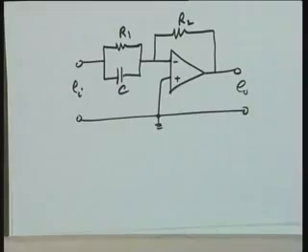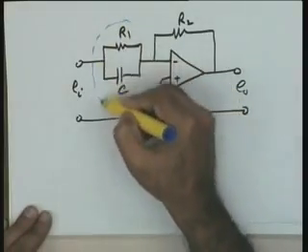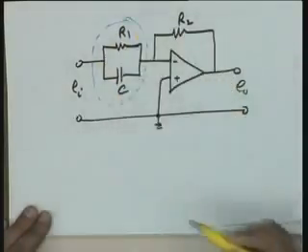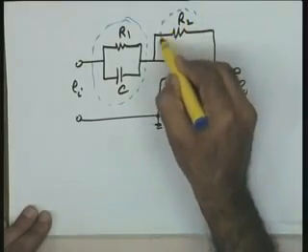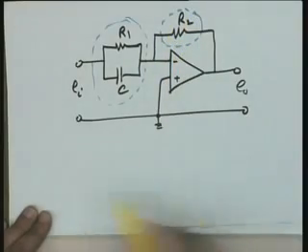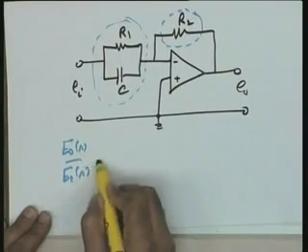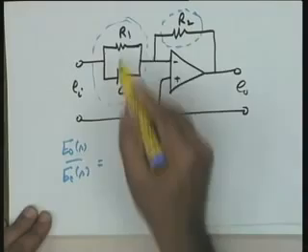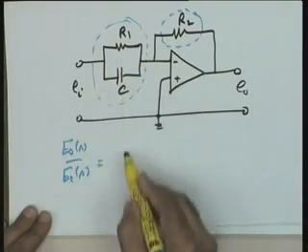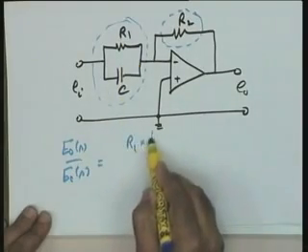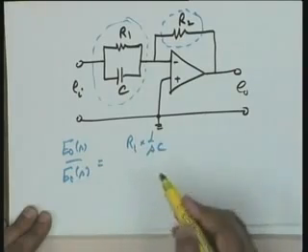Quick look at this particular circuit. Just look at this circuit now. The impedance here is a parallel combination of R1 and C, and this impedance here is a pure resistor. Therefore, E naught S over E I S turns out to be equal to, please help me, 1 over, in this particular case it is R1 into 1 by SC, sorry.